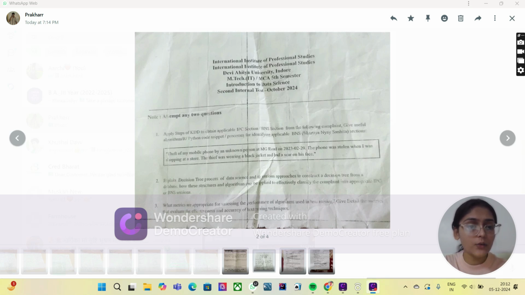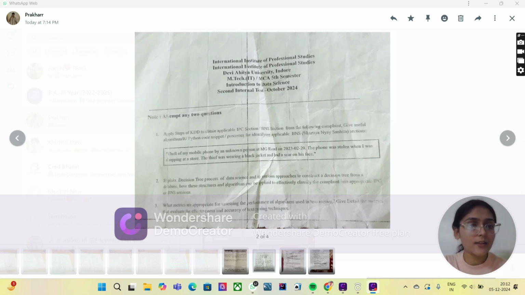Now our another question is: what metrics are appropriate for assessing the performance of algorithms used in text mining. Give detailed metrics that evaluate the effectiveness and accuracy of text mining techniques.